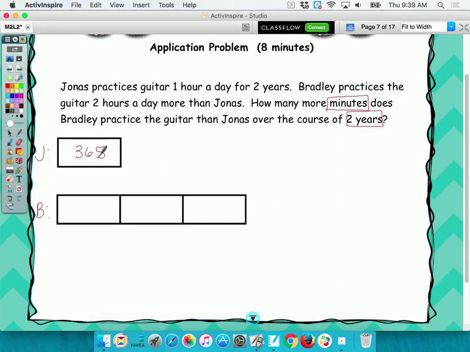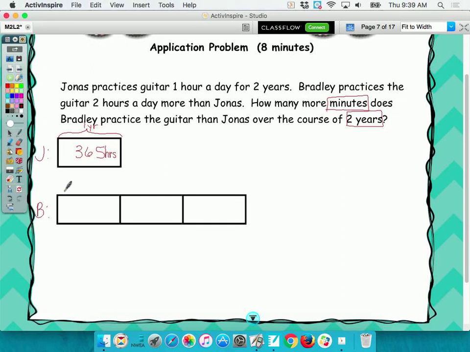Unless it's a leap year, then it would be 366. So we're just going to go with a normal year, not a leap year. Good point, Hayden. This is 1 year. 365 what? Hours.